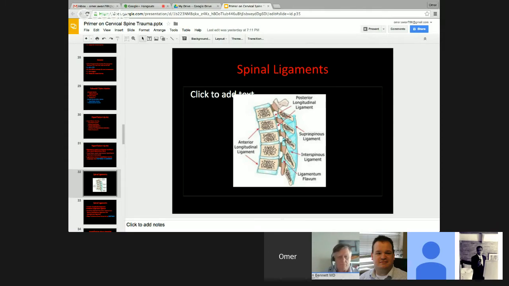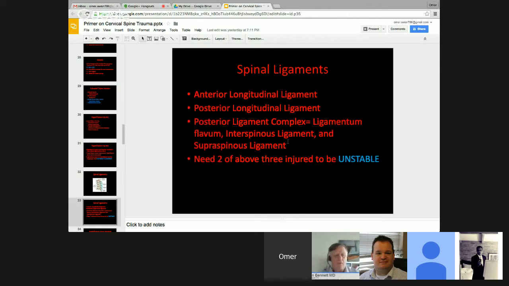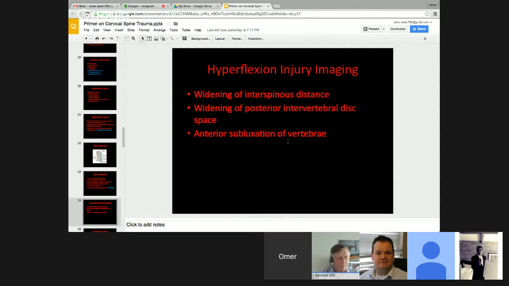The answer is no, because all those 3 ligaments are only one column. That's the posterior ligamentous complex column, the posterior column of the spine, because the anterior and the middle column are not injured. So even though you have 3 ligaments that are injured, that's still not an unstable injury. You have to have 2 out of the 3 columns completely injured, and that's what we call an unstable injury. So that's a very crucial teaching point for the cervical spine.